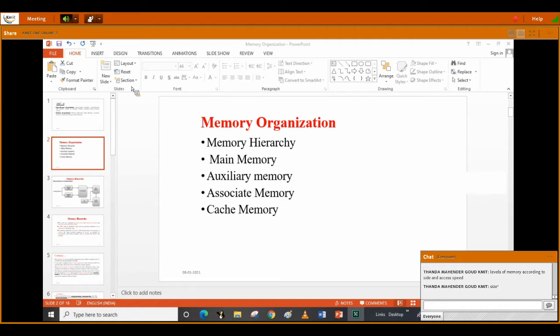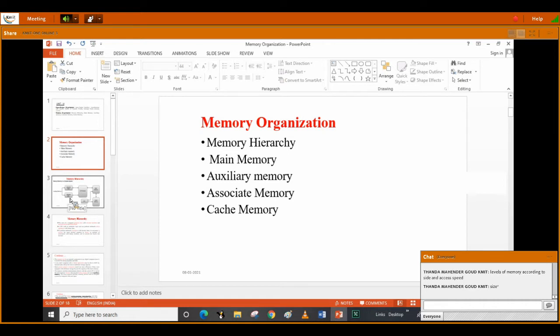Memory is just like a brain, which is useful for storing information in the computer. Mainly, there are several types of memory in a computer, like main memory, auxiliary memory, and cache memory.